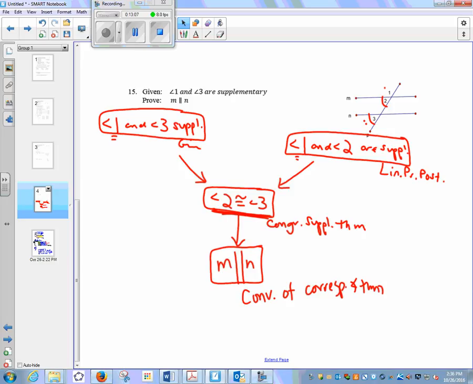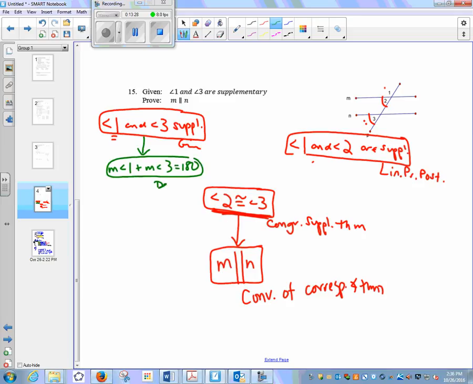Now, you wanted to do it setting them equal to each other, and that's not really wrong, it's just a little bit longer. So before all of this, that would be definition of supplementary, right? And then same thing here.